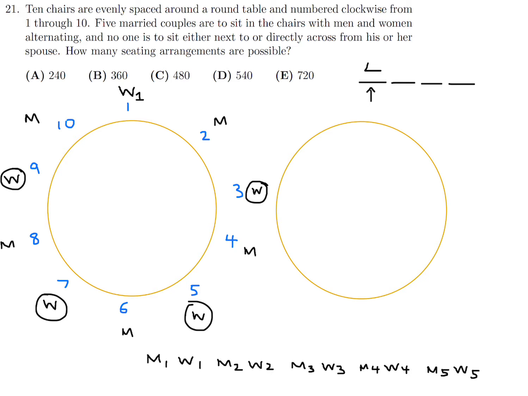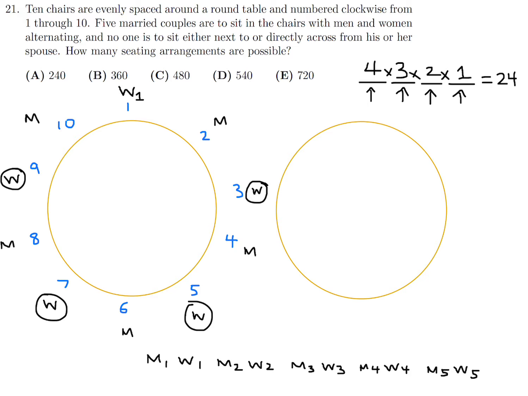Once I select her, for the next slot I've got 3 choices. Then I've got 2 choices. And finally, I've got 1 remaining choice for the last seat for a wife. You multiply them, and that gives me 24 different ways to do that for W1.